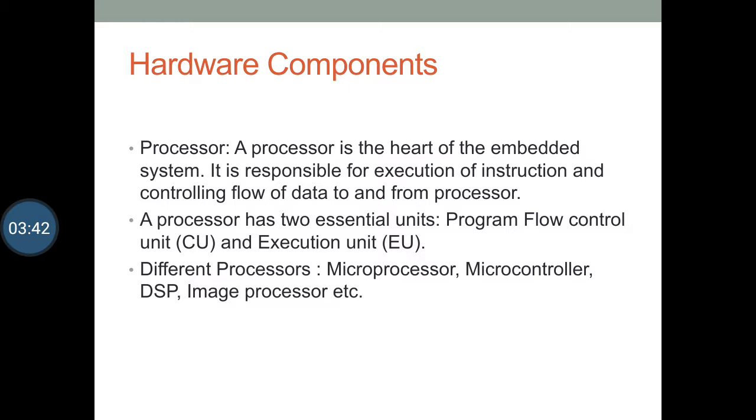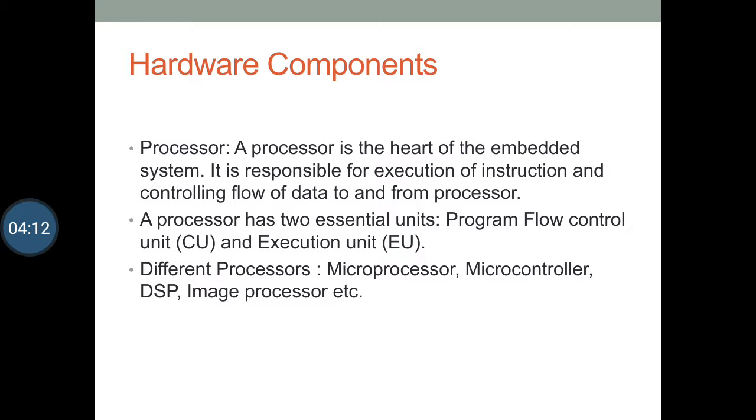The EU has circuits that implement the instructions pertaining to data transfer operations and data conversion from one form to another. The EU includes the arithmetic and logic unit and also the circuits that execute instructions for program control tasks, halt, interrupt or jump to another set of instructions.